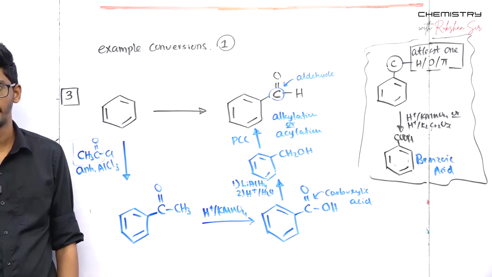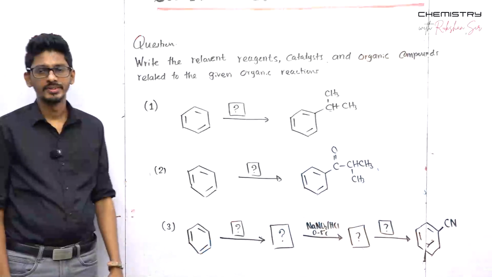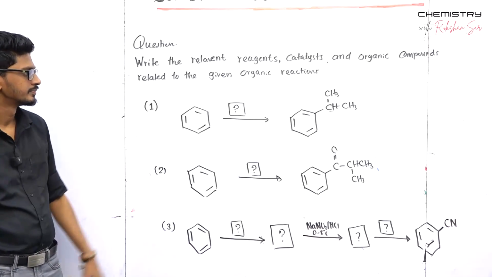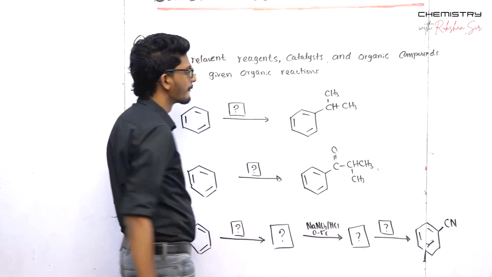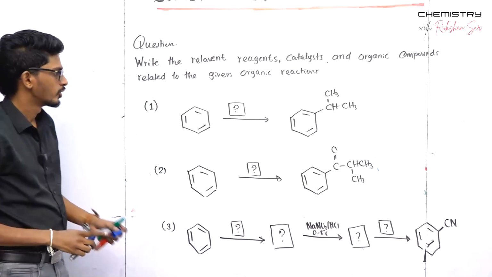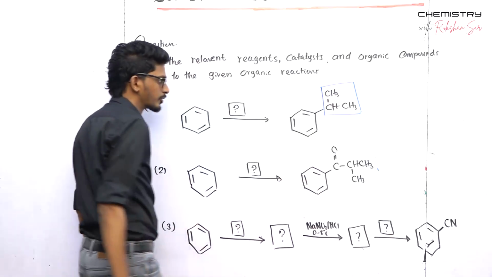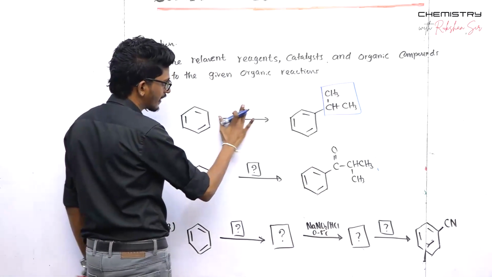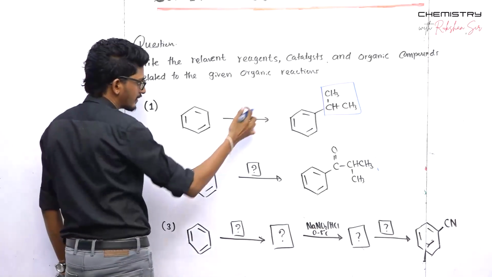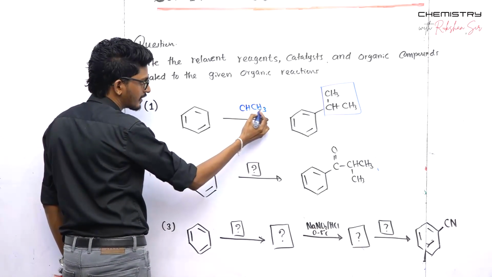Right. First do this one. So you are supposed to add that alkyl section. So what you need to add there? To add that alkyl section, first write that thing, CH3, CH3.